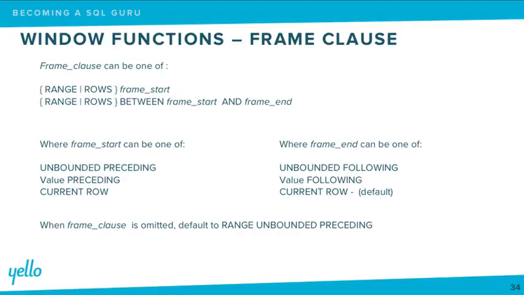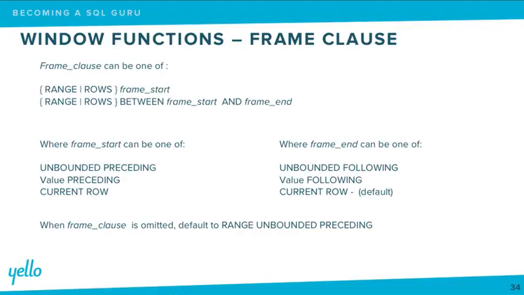For the frame start and frame end, we have a couple different options. We have unbounded preceding, which means you start at the very beginning of your partition. We have value preceding, which means you start a certain number of rows, as defined by your value, prior to the current row. Current row, obviously current row. Ending, same thing.